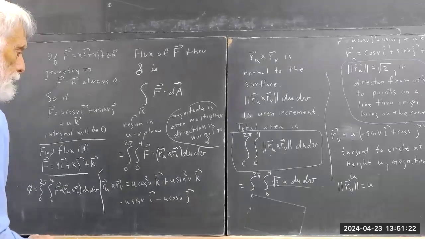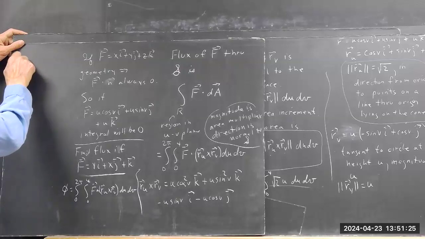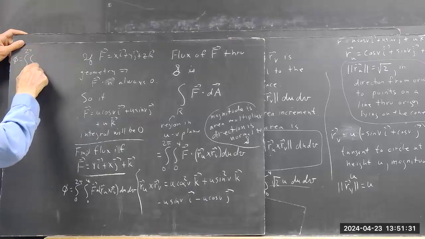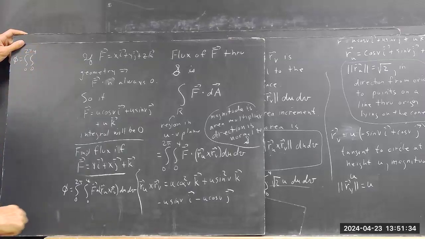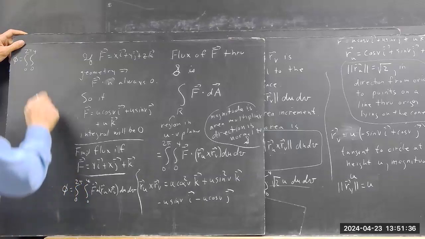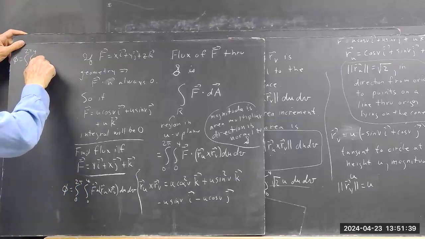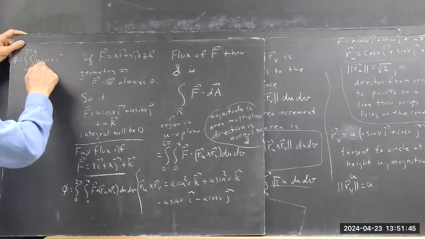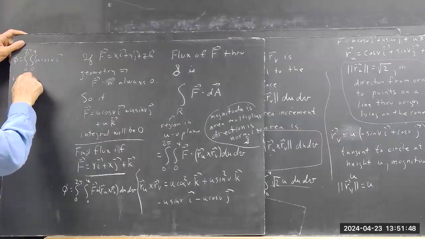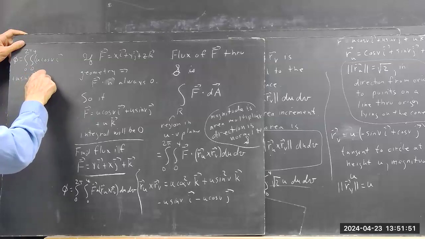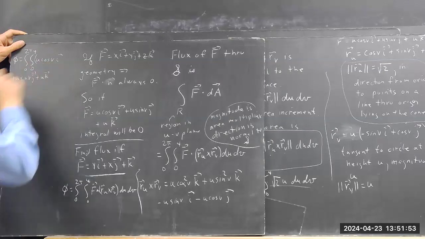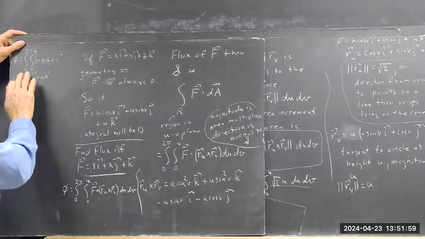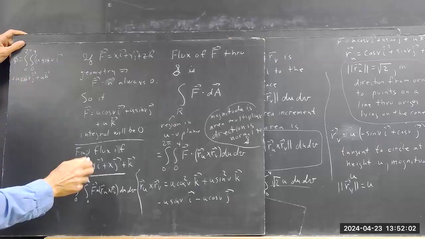I'm going to have to write it up here. F is going to be, and I'm writing this, should be sine v here, this function, cosine v for this function.